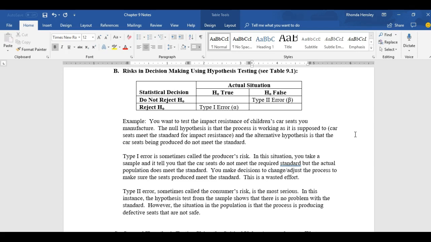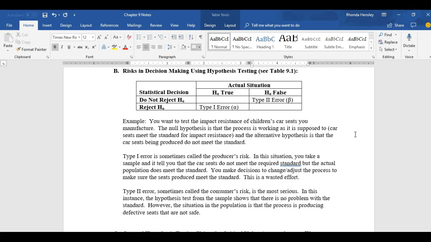So for example, and I made up this example so we had something to talk about here. Suppose we manufacture children's car seats, and they have to have some impact resistance. So periodically we have to test some of the car seats to see whether they meet these impact standards, probably ones the government has set.